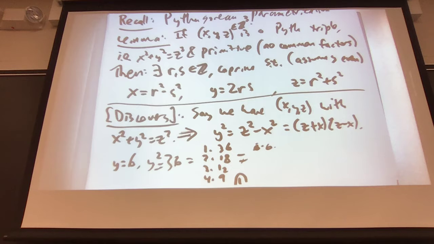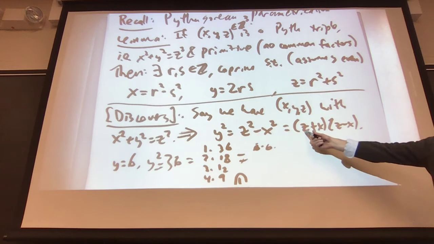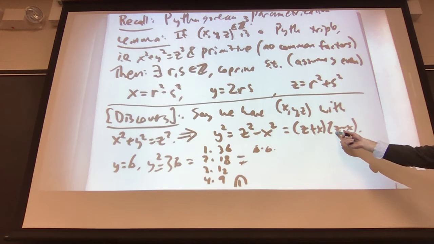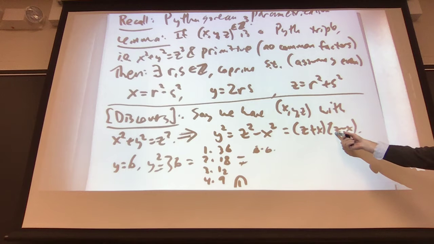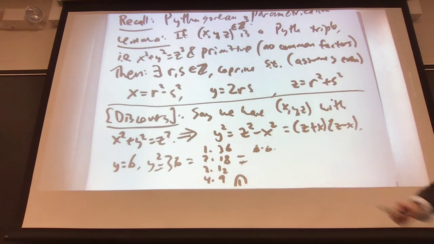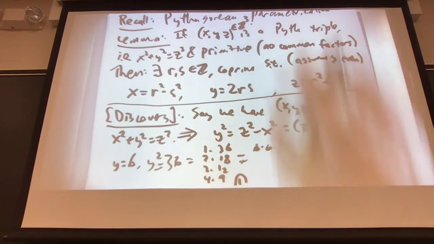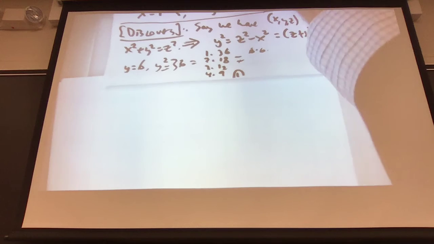Here's the funny thing. Can x plus z and x minus z have a factor in common? Some say yes, some say no. Why yes, why no? 6 plus 3 and 6 minus 3. Okay, so let's just continue the discovery phase.